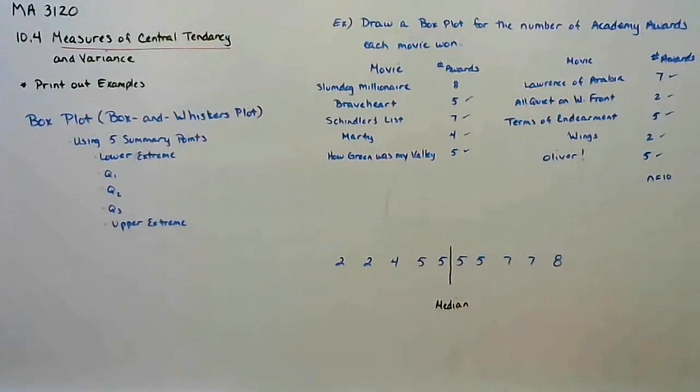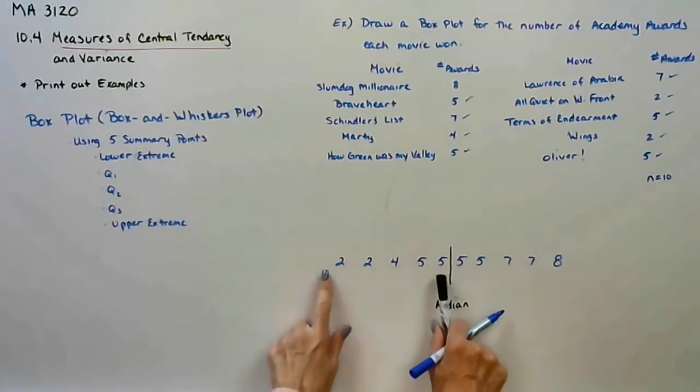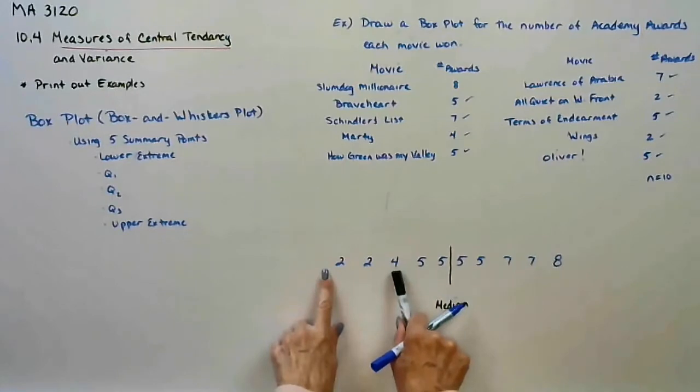Now, from there, I'm going to do it with the numbers first, and then I'm going to show you the better way of doing it with the number line, but right now it's the visual. Now, if I look at the lower half, since there's 5 numbers down here, the exact middle value is the number 4.